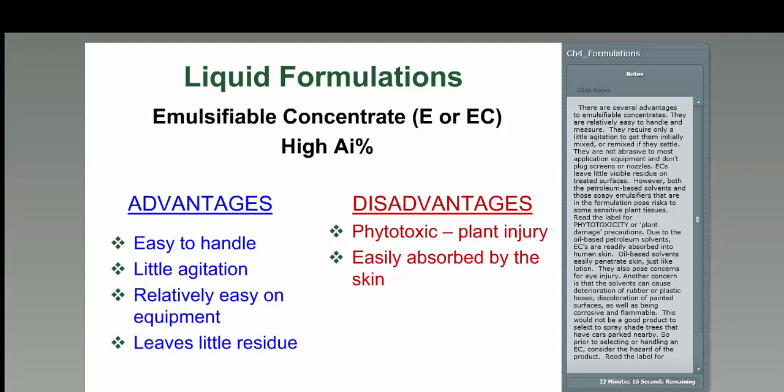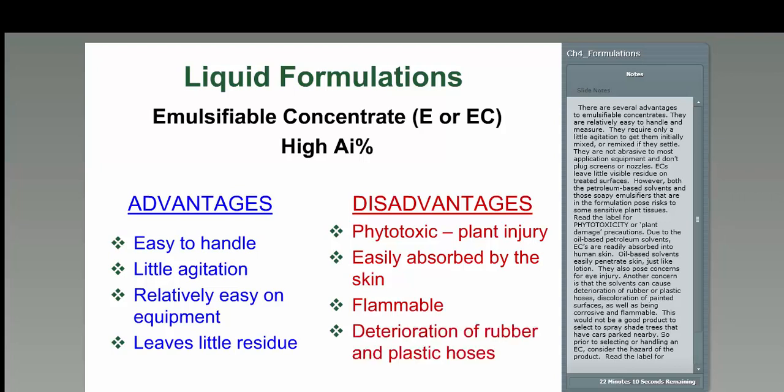They also pose concerns for eye injury. Another concern is that the solvents can cause deterioration of rubber or plastic hoses, discoloration of painted surfaces, as well as being corrosive and flammable. This would not be a good product to select to spray shade trees that have cars parked nearby.